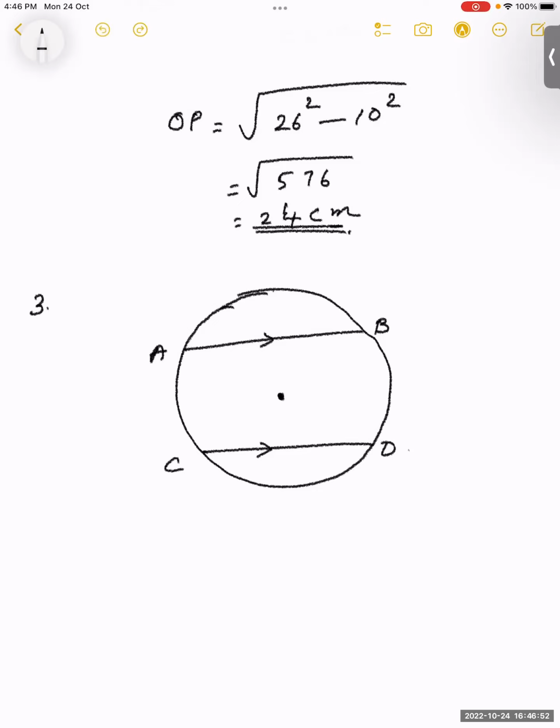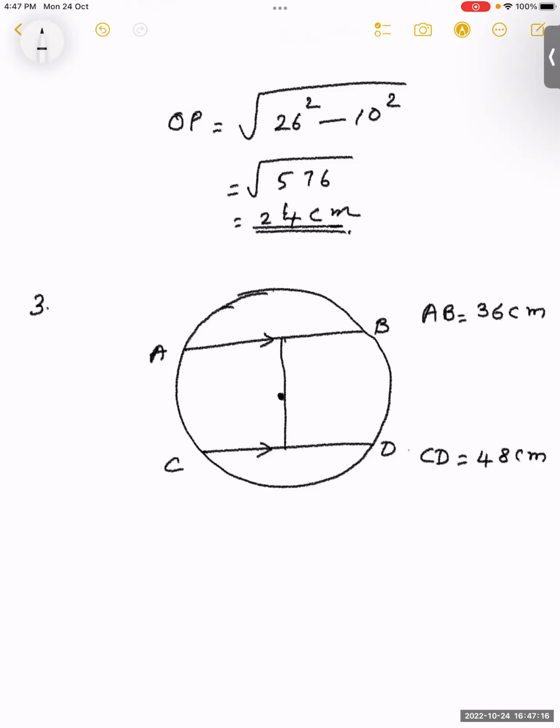Now, AB is 36 centimeter, CD is 48 centimeter, and the distance between the chords is 42 centimeter.